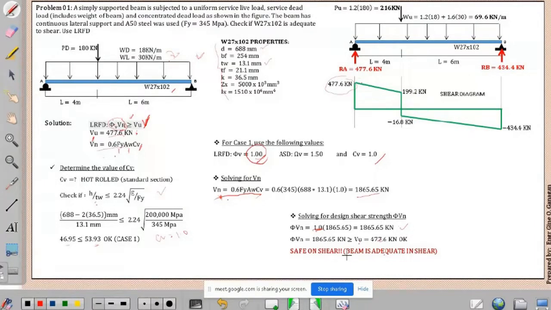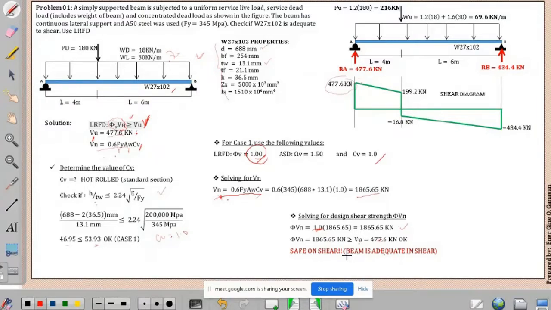Usually in regular, standard beams, if our beam passes in flexure, since shear and deflection are actually a continuation of flexure, our topic last time, then mostly it also passes in shear.